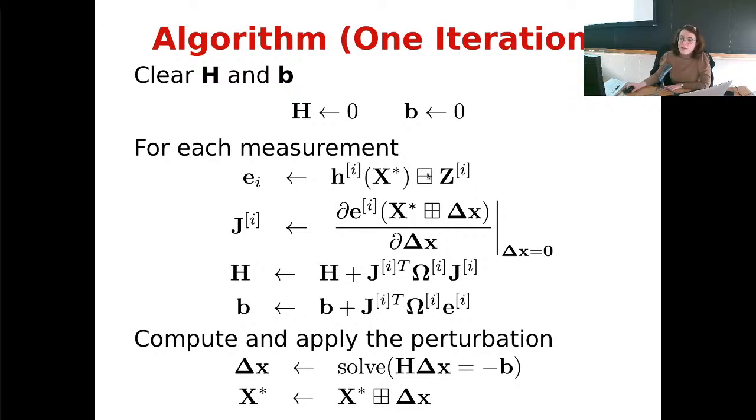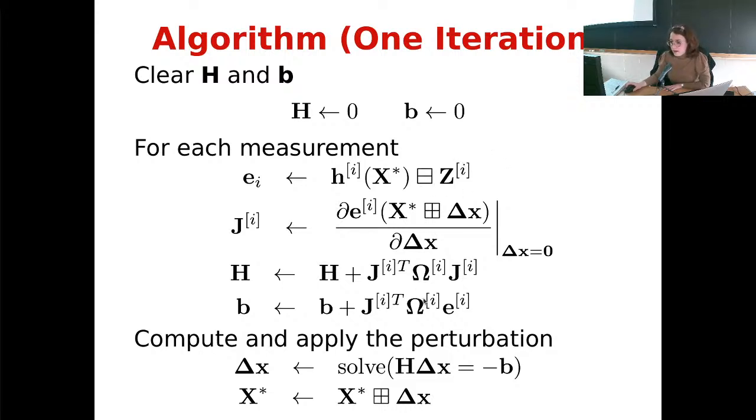Recall that box minus means that we compute the chart around hi of x star and then project zi into this chart. We project zi onto the chart and measure the difference on the chart between hi of x star and zi.